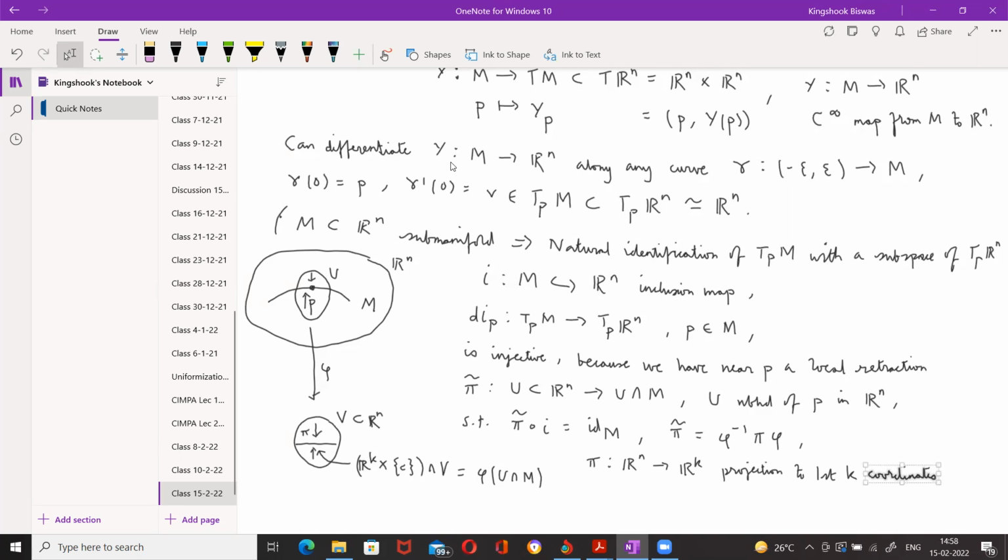That means that, thus, by the chain rule, d pi tilde at P composed with di at P will be the identity of T_P M. Okay, so di at P is injective.